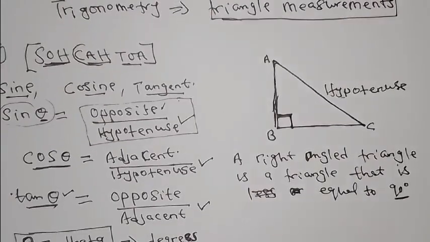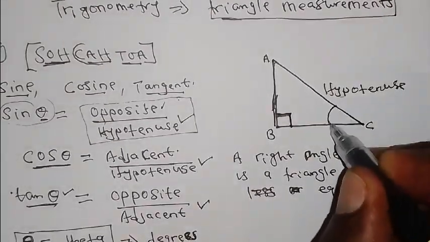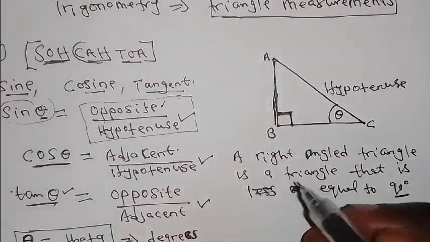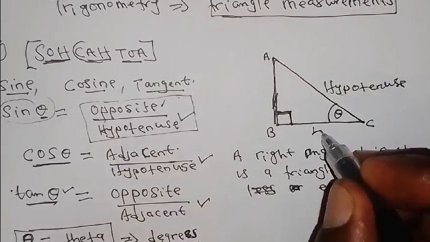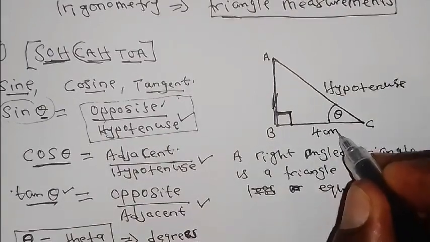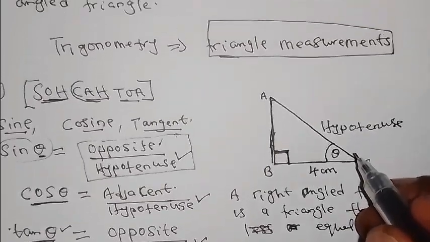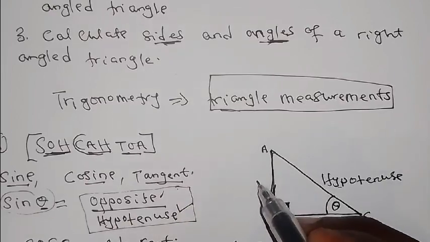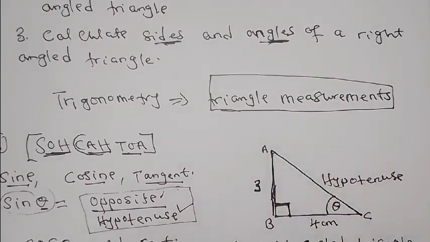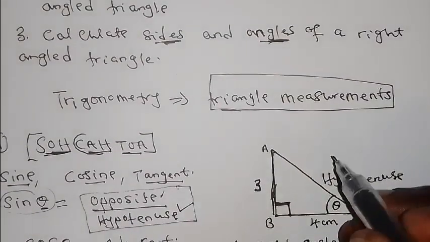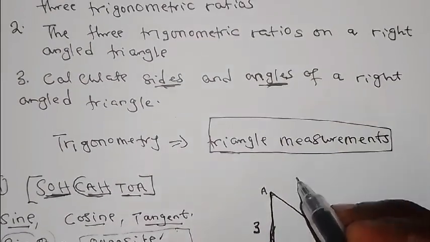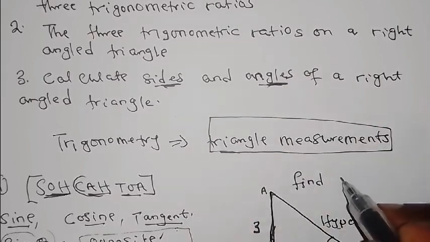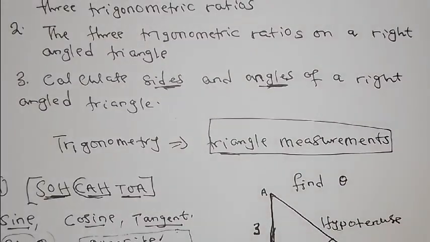So in this example, I'm going to say you have, for instance, this is theta, and then you have this side as 4, let's say centimeters, and you have this side as 3. Now I'm going to say, find theta.